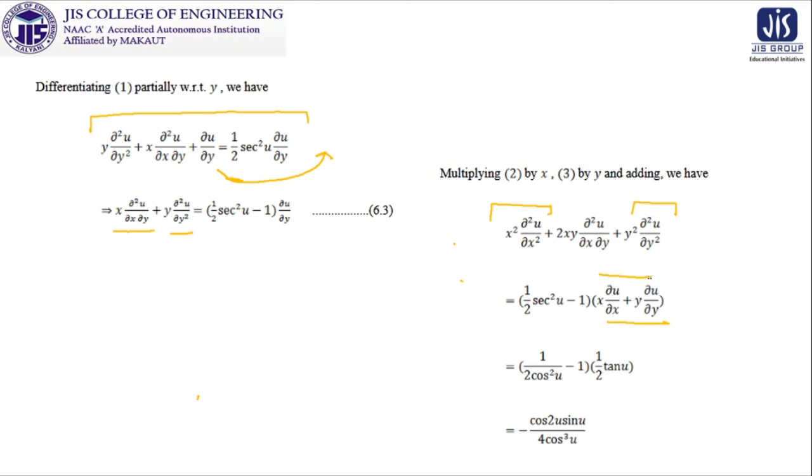Already you got that this is also achieved by Euler's theorem for the given function u, and the result was half tan u in the previous slide. After that, it is a mere calculation of trigonometry or adjustment, and we will get the answer as desired. So this problem ends here.